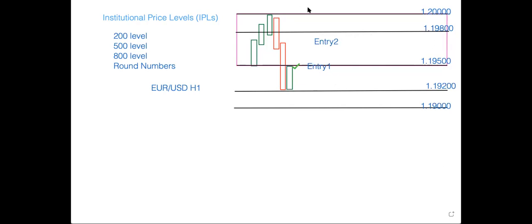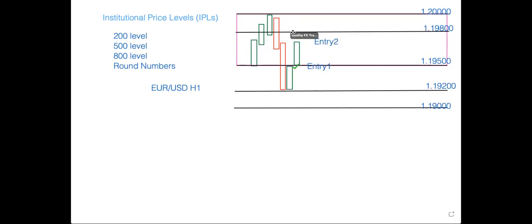So in case we have the continuation of this bullish price action back to the second entry, then we can use this as entry 2.